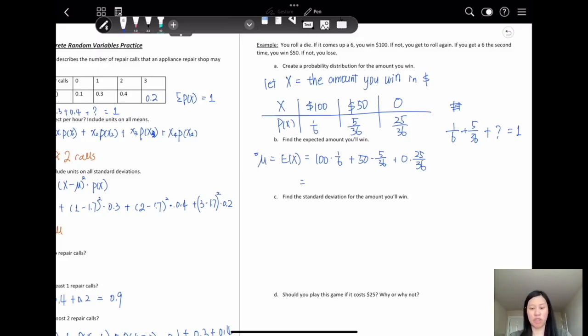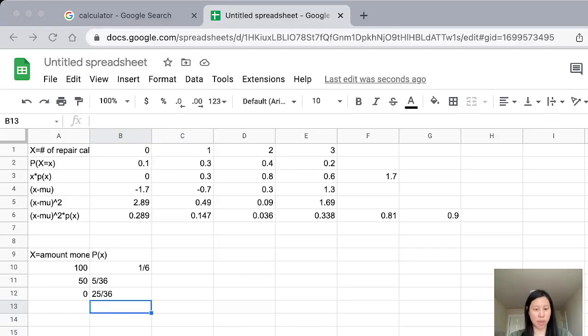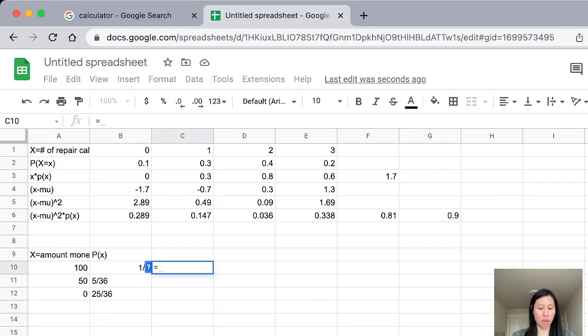Let's use our spreadsheet. So I already put in the number here. So this time I'm going to change the location a little bit. Okay, so what we want to do is we want these two equals to 100 times 1/6.